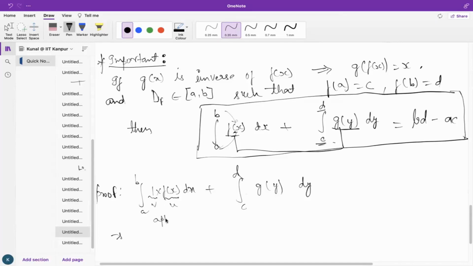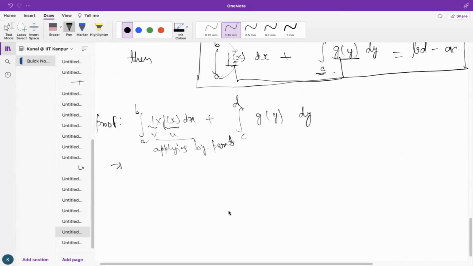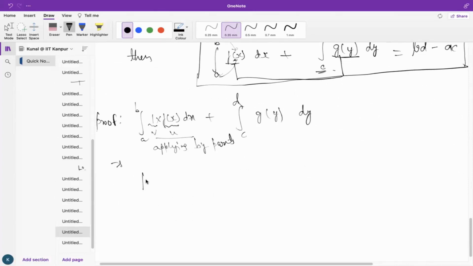Applying by parts here, when we apply it to this part, what do we get? f(x) times x from a to b minus, we differentiate f, and when we integrate 1 we get x, so x dx.